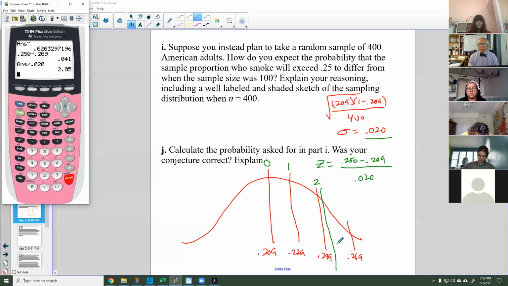My z-score is 2.05. Z equals 2.05. And so I want to find the probability. I want to find this area here.